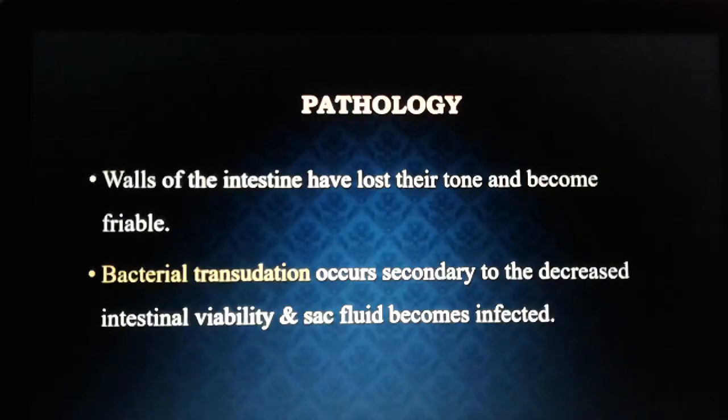Finally, if the strangulation is continuing, the gangrene will appear. Where? At the rings of constriction, and grey in color. That particular constricted ring will become deeply indented and grey in color.